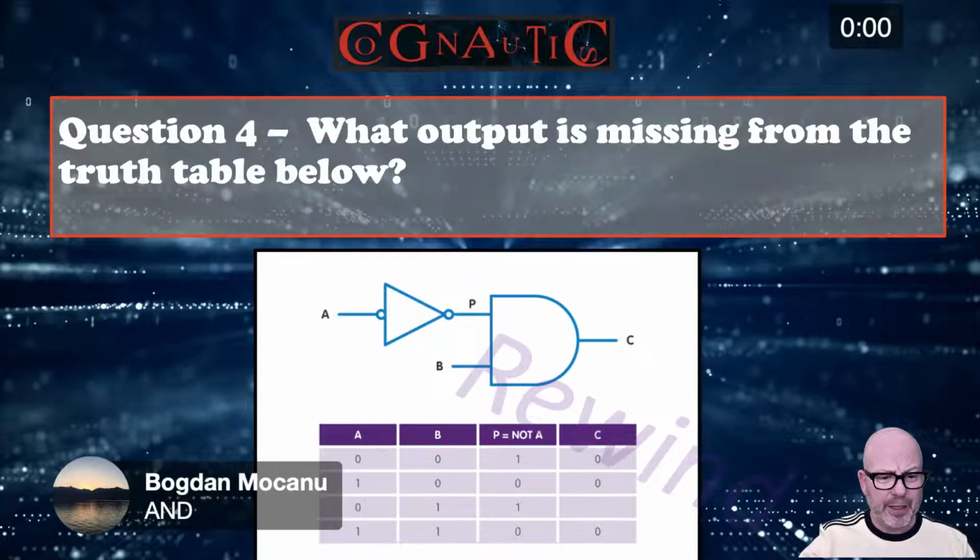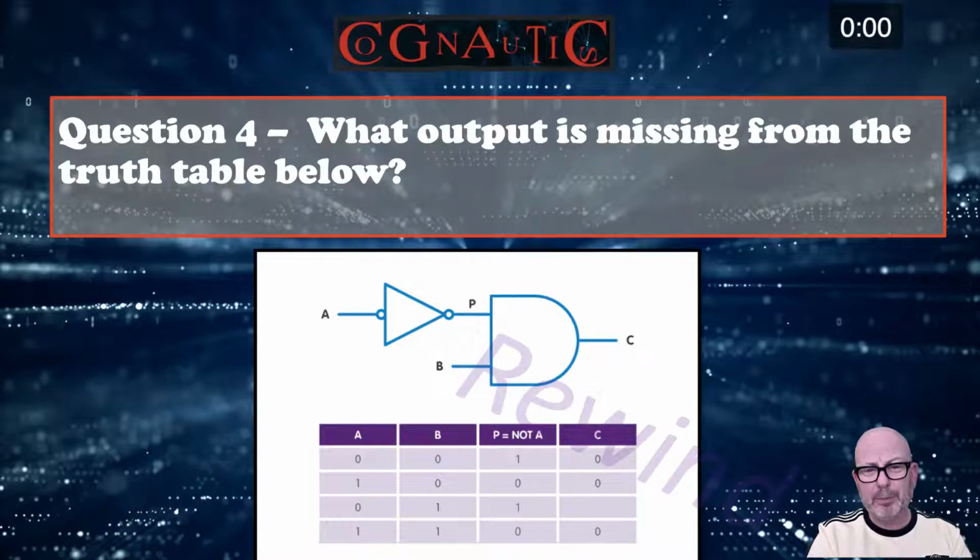What about this one? I'd actually by this time sorted it out and made my rewind slightly transparent. So what output's missing from the truth table below? Now they might add one more level to a truth table like this. So have a bit of practice to make sure that you can draw a trace table from one of these diagrams.